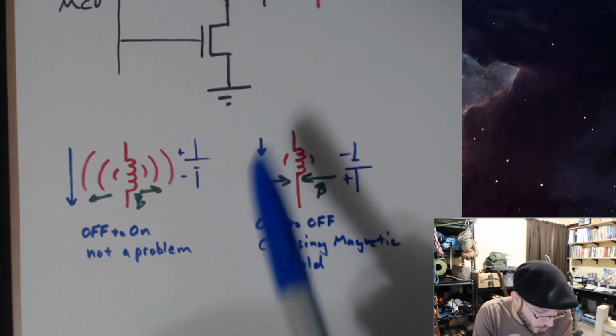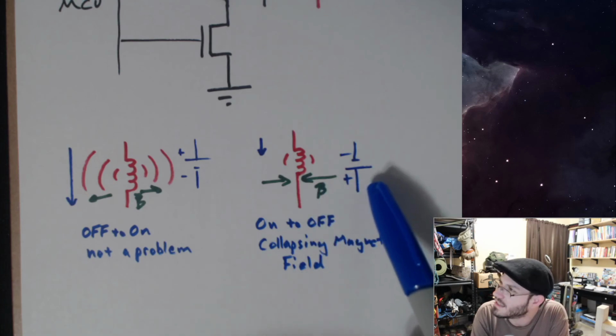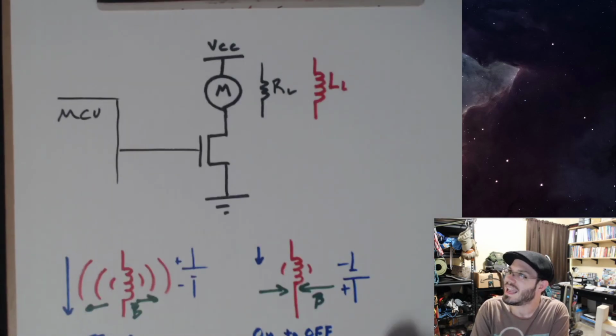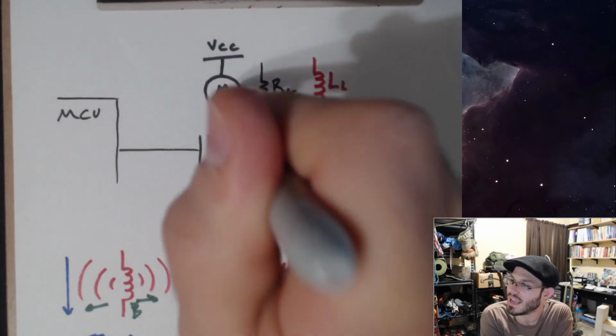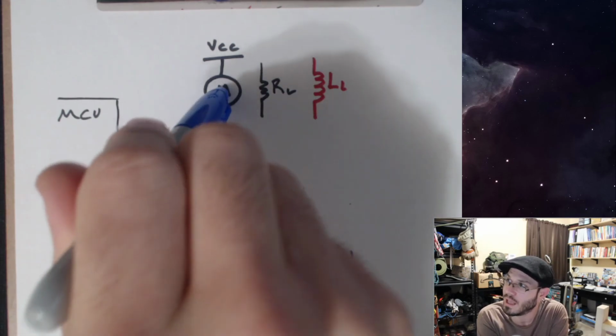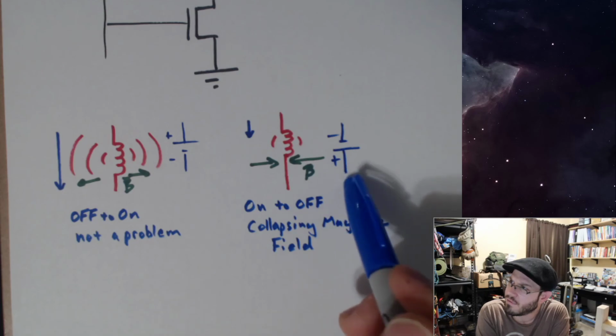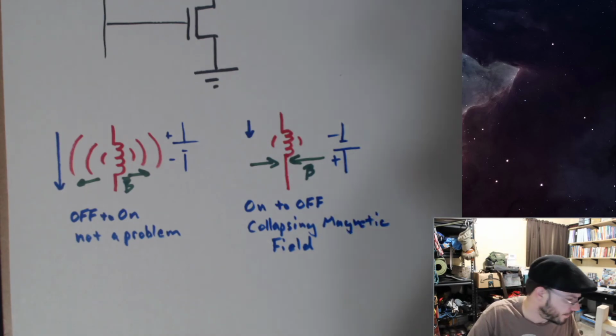Okay? Let me go ahead and draw this in. If we're all comfortable with this idea that this collapsing magnetic field creates this induced voltage inside of the motor, in the inductance of the motor, or the inductance of any load that we have here, it's going to behave like this for a period of time.